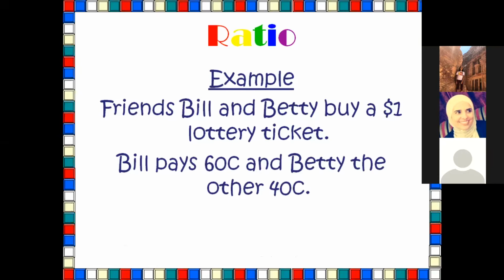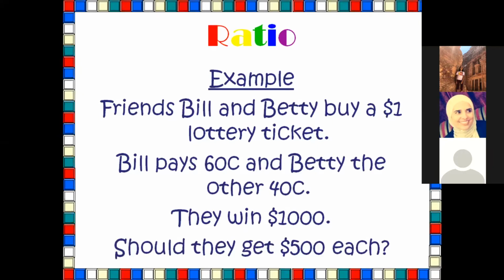Bill has 60 cents, he paid it, and Betty paid the other 40 cents. They won the lottery. They win $1,000. Should they both get 500? Are we going to give $500 to Bill and $500 to Betty?